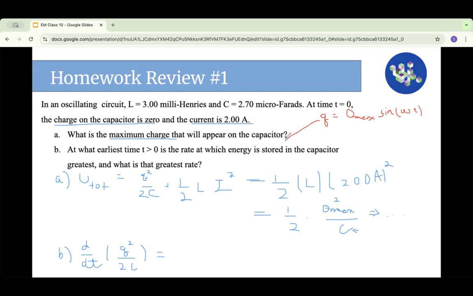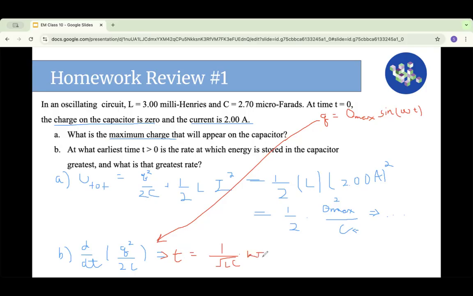We can plug this in over here, take the derivative, and eventually you'll get that the earliest time. So eventually you'll get that the earliest time happens at some expression in terms of 1 over root LC and pi and times some factor of pi.